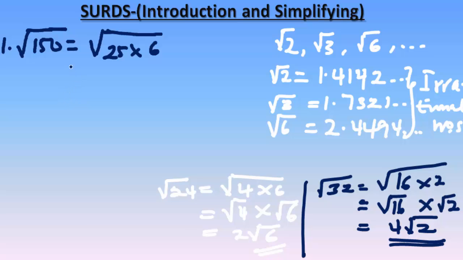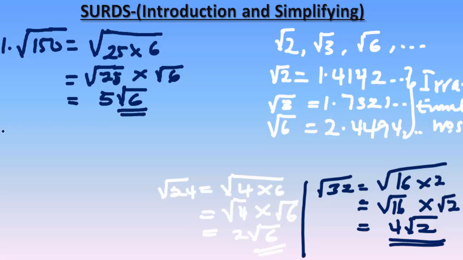So here we go. Root of 25 multiplies by root of 6. Now taking the positive square root of 25, we have 5, then multiplied by root of 6. So that is it.